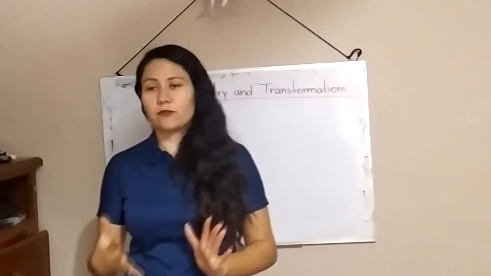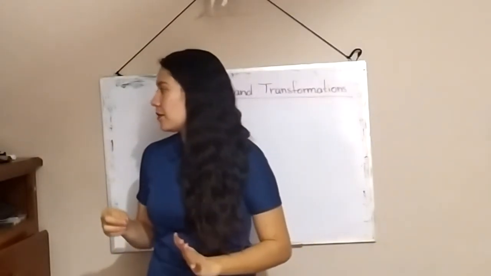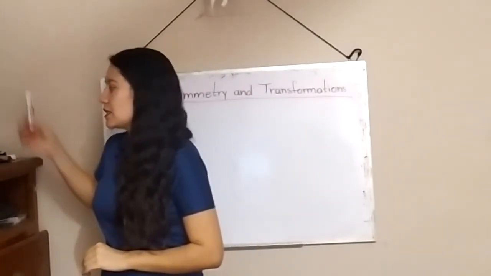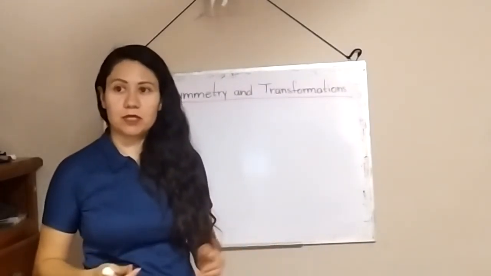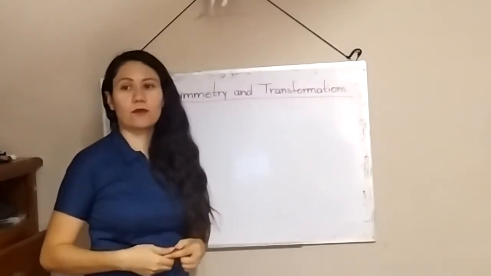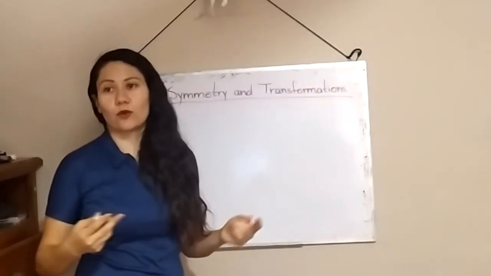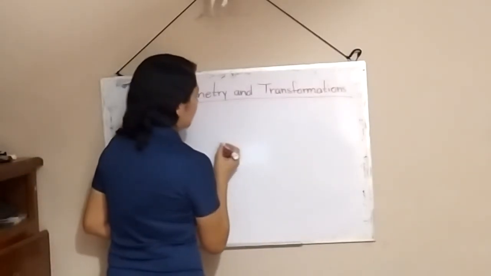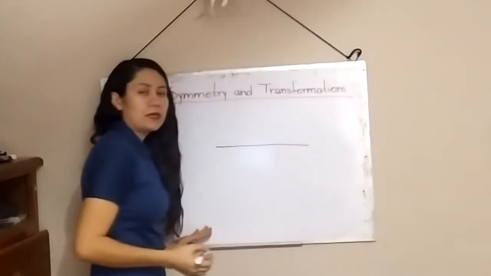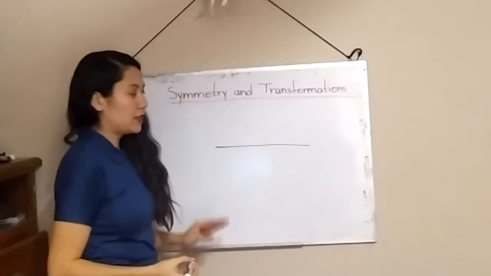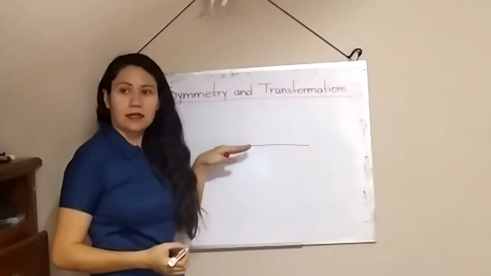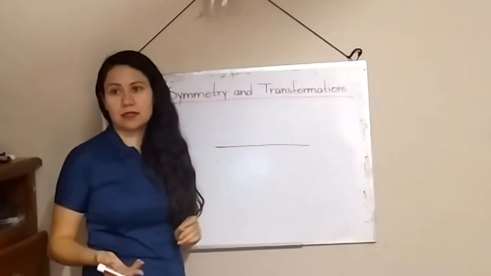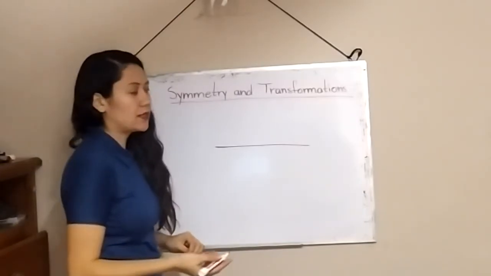Let's define first a perpendicular bisector. A perpendicular bisector is a line that is perpendicular, meaning that it forms a 90-degree angle with the line that it intersects, and it intersects exactly on the midpoint of the segment. Let's say we have this line and we want to trace a perpendicular bisector.